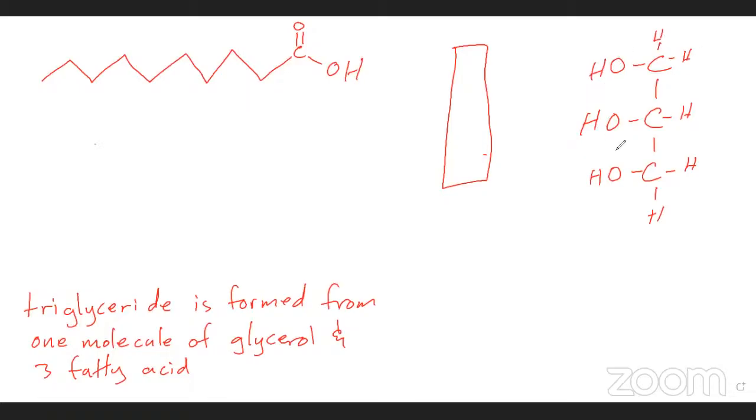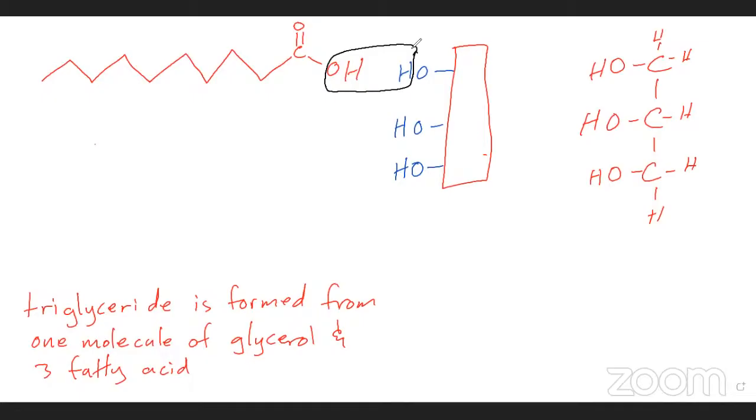So this is glycerol. But these 3 carbons, you can just draw this vertical box here. That takes care of the 3 carbons and the hydrogens. So all you need to show is the OH groups, because they are what is important for the reaction that we're going to do. Remember now, all you need to do is remove a hydrogen from glycerol and the OH. All right.